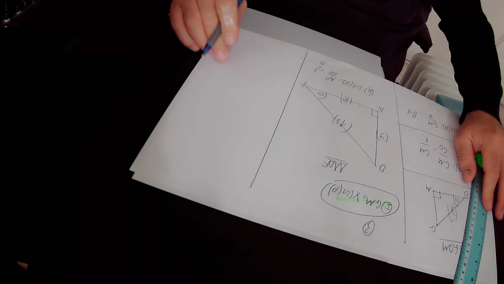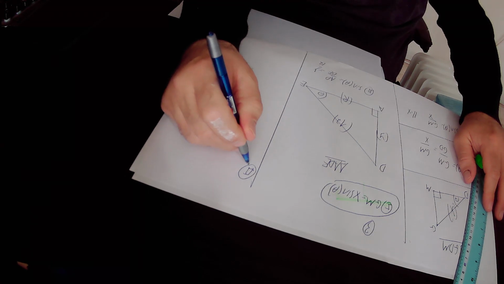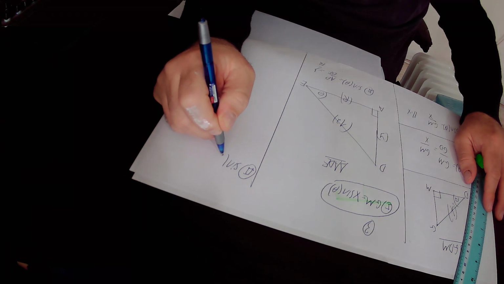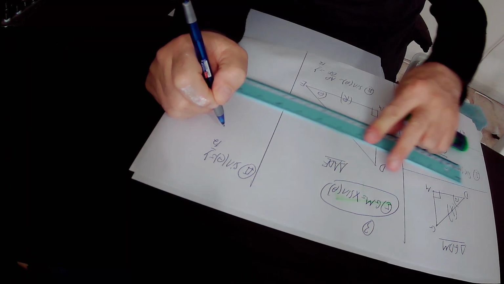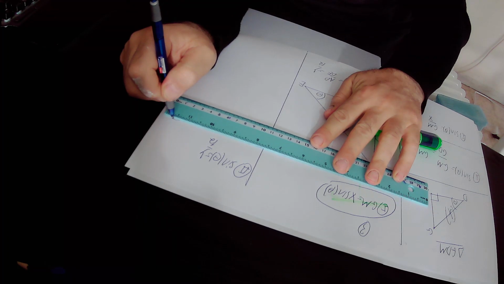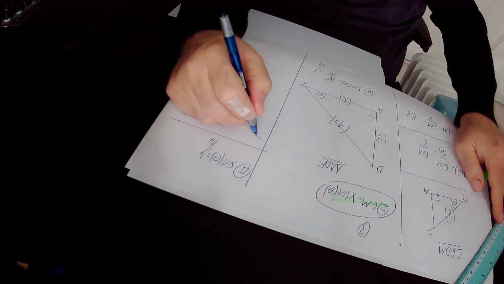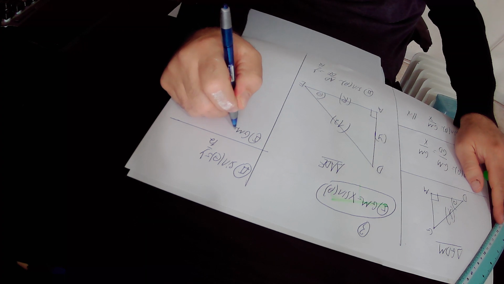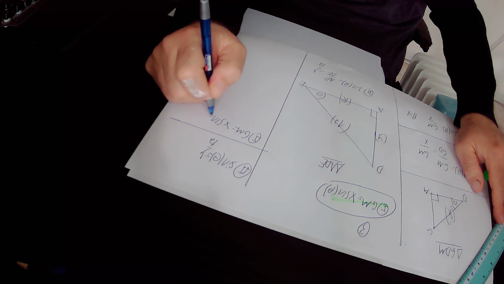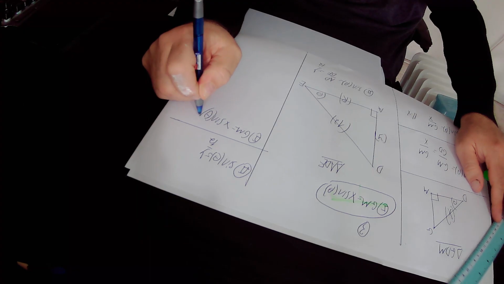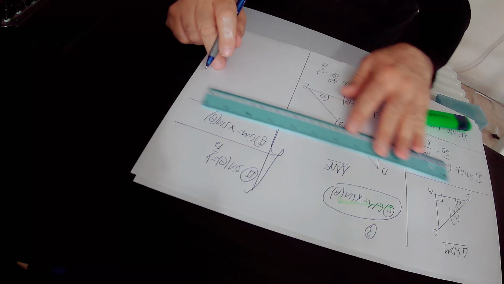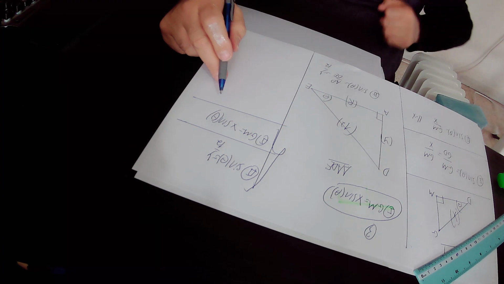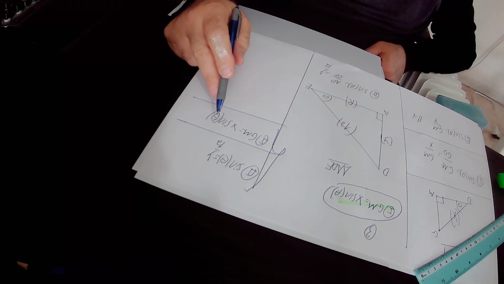So according to equation 2, we actually found out that sine theta equals y over 12. Well, according to equation 1, we have already found out that GM equals x times sine theta. So now we can substitute sine theta in equation 1 by y over 12 from equation 2.